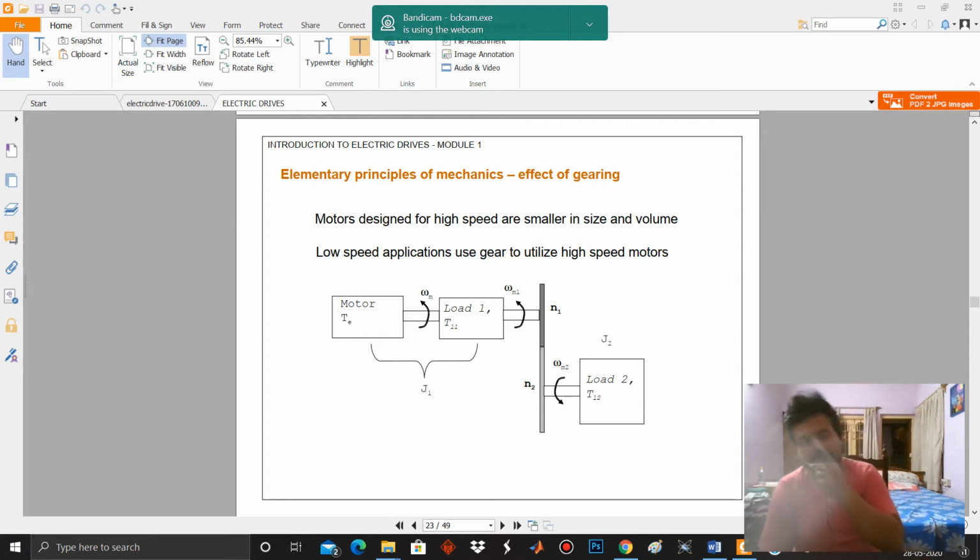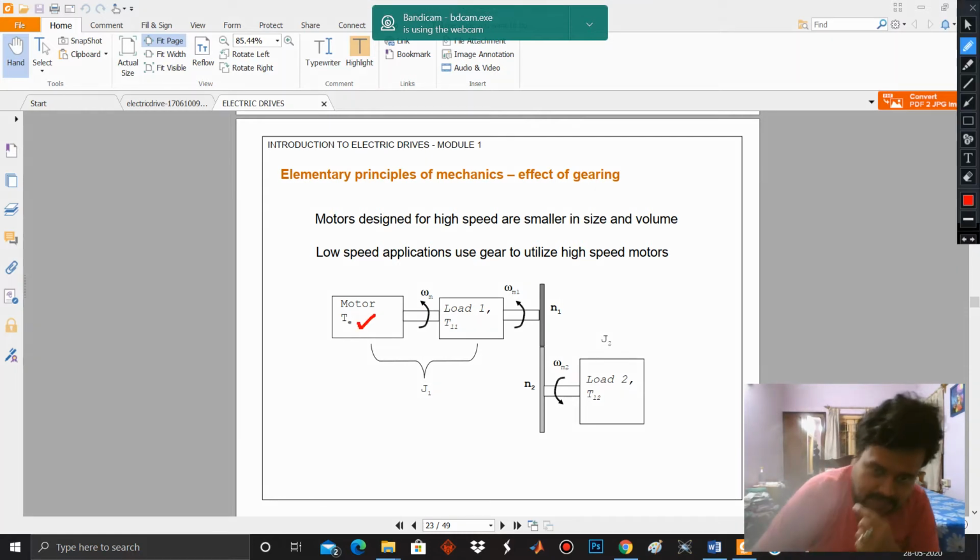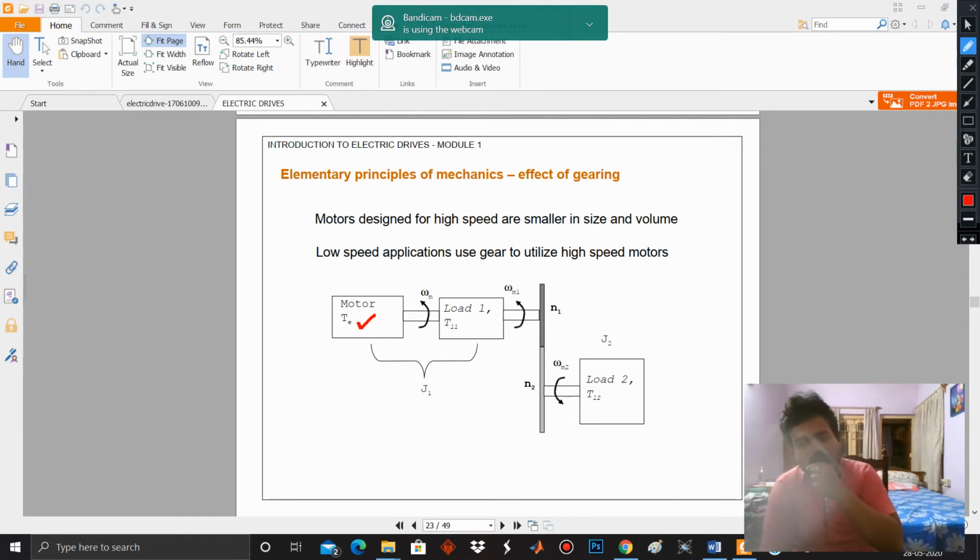So now this is a very beautiful arrangement. You see, there is a motor which is producing an electromagnetic torque of tau E, and it is coupled directly to the first load, which has a load torque of tau L1.